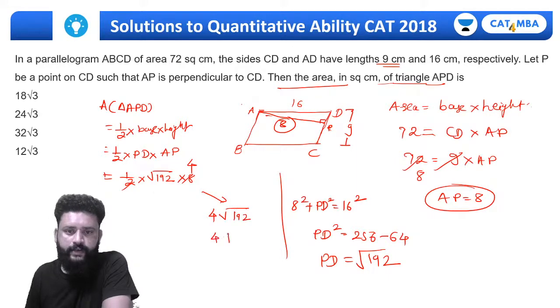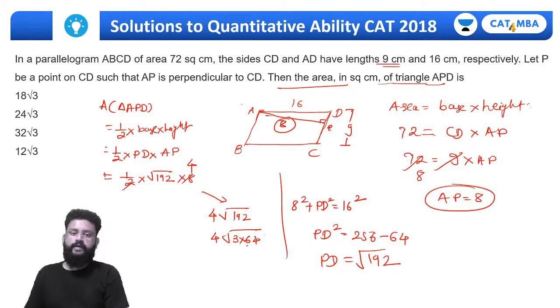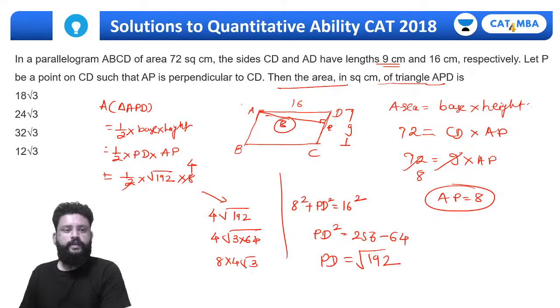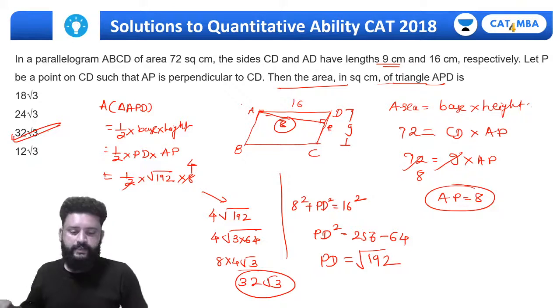How can we write it? 3 into 3 is 6, 18, 4, 12, that is 64. So 64 is 8 square, so 8 comes out. 8 into 4 into root 3, 8 fours are 32, so 32 root 3. That's simple. Answer is option D.